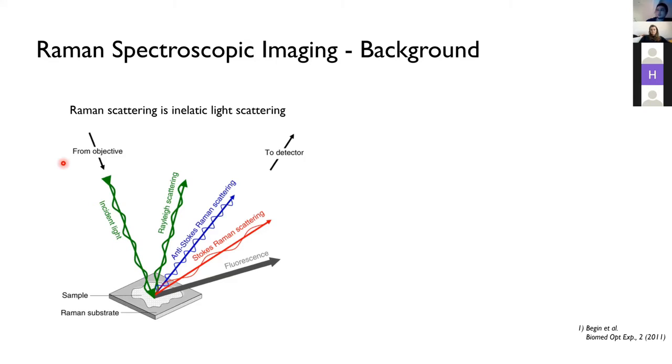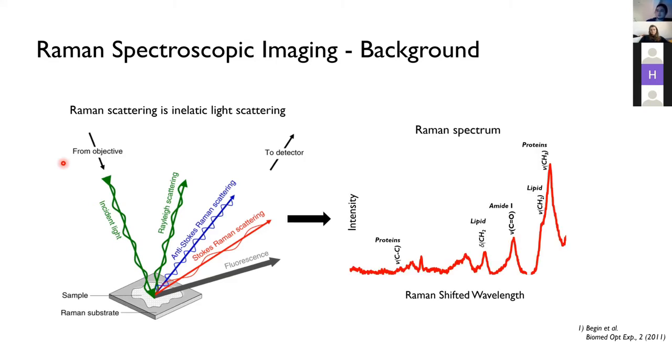And because many of the common biomolecules, such as proteins and lipids and nucleic acids, have Raman active chemical bonds, we can collect these spectra to get a description of the biomolecular composition of our samples.